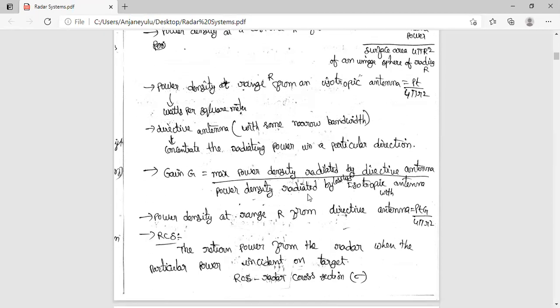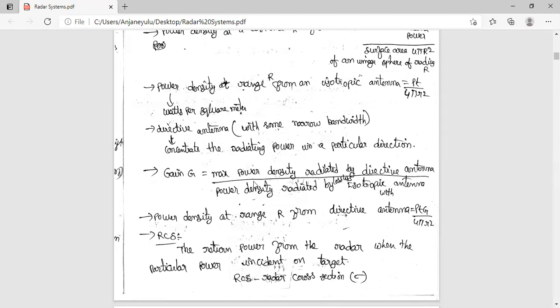Here we are using a directive antenna with a narrow beamwidth, because it should transmit high power signals in only one direction for a long distance, since the target may be present at a long distance.